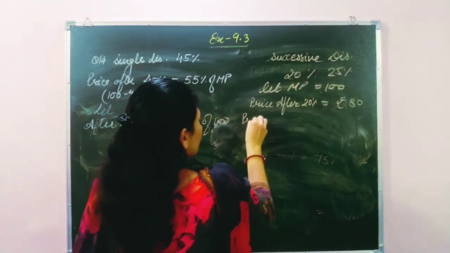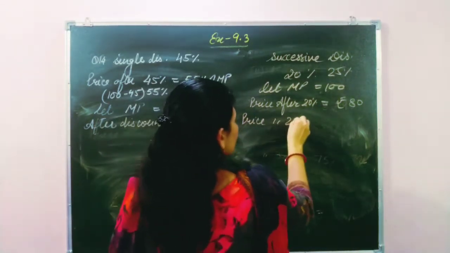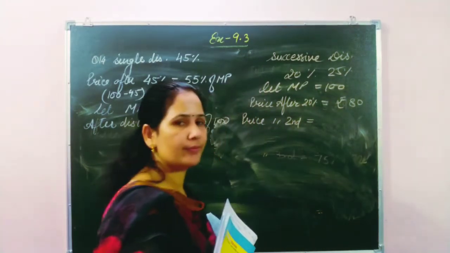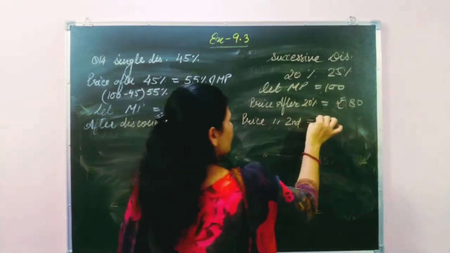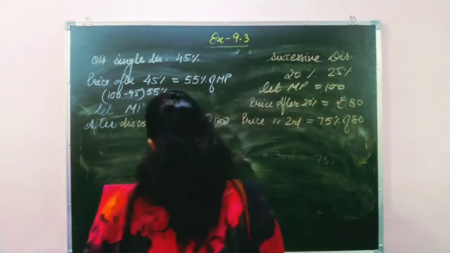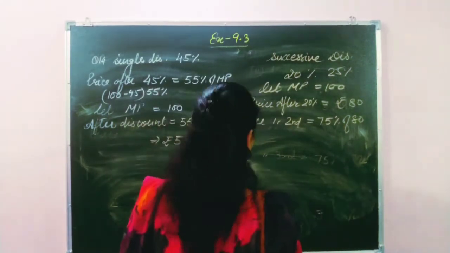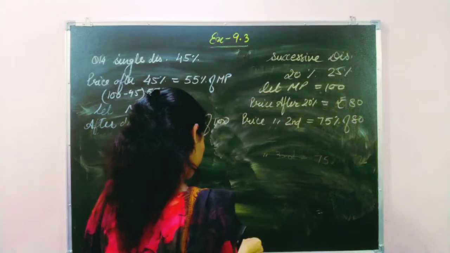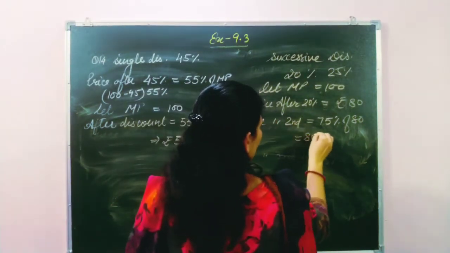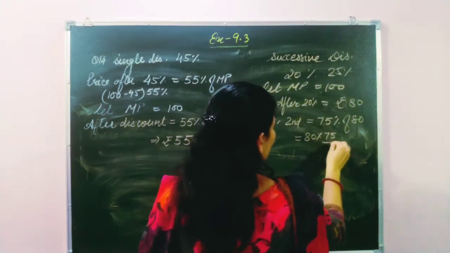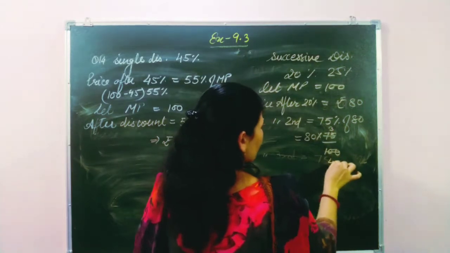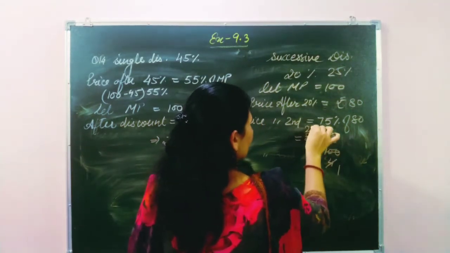So then after, price after second discount. Second discount is 25%. 100 minus 25, 75 remains. That means 75% of 80. Students, 75% of 80 is 80 multiplied by 75 divided by 100. 25 3s are 75, 25 4s are 100, 4 1s are 4, 4 2s are 8.